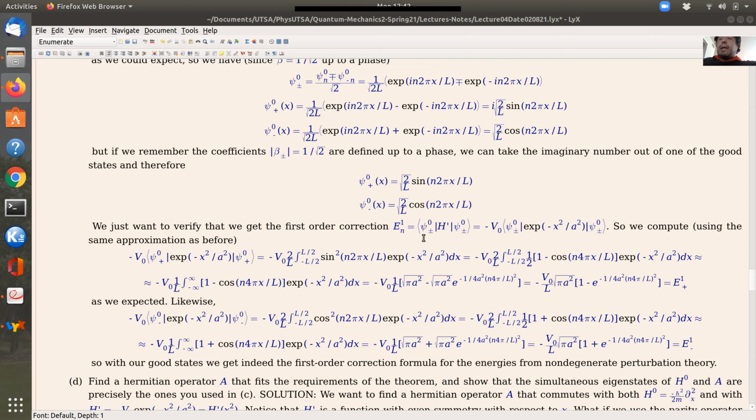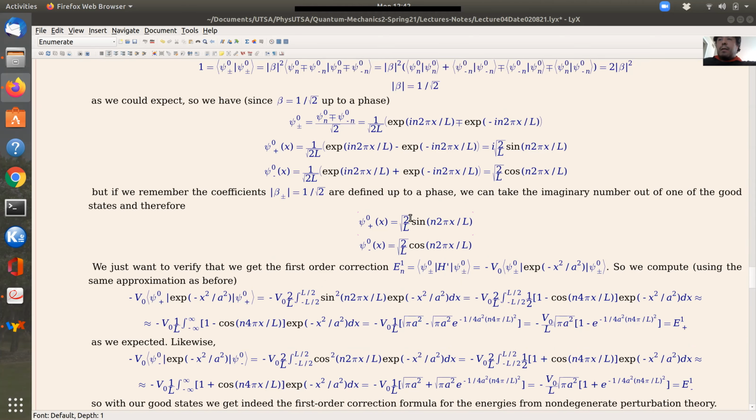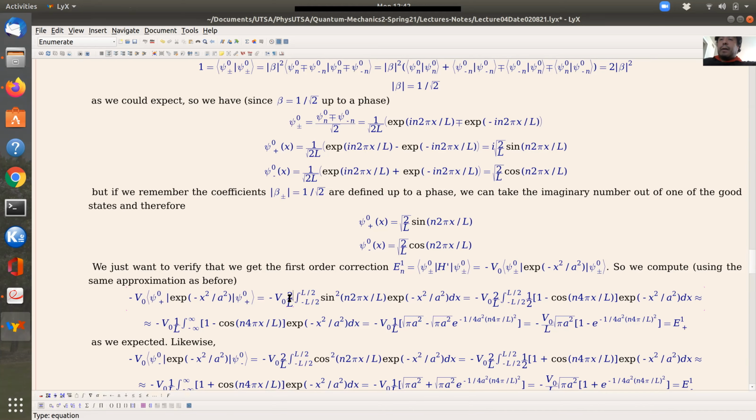Again, the formula for non-degenerate is using the unperturbed states, and of course the same, so that's why we have plus plus. If we plug that in, these are real functions, so the conjugation won't make a difference. In fact, the square root of 2 over L squared gives 2 over L, because you're multiplying these two.